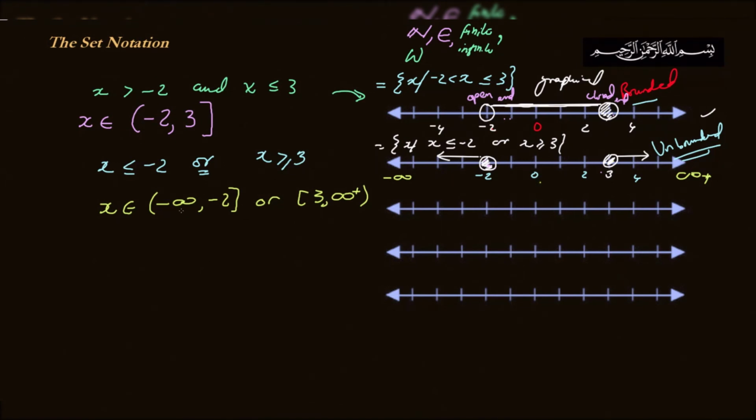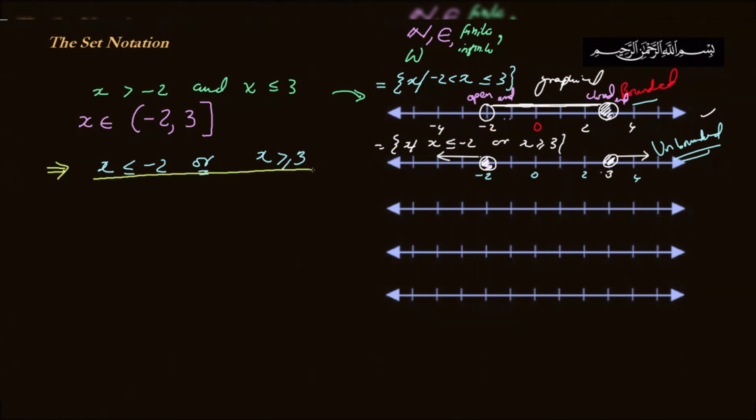So I'd like to take this last example and write it in all 3 notations that we have talked about. You can simply describe what x you're talking about, or you can write it in set notation: x belongs to the set of all numbers x such that x is less than or equal to -2, or x is greater than or equal to 3.